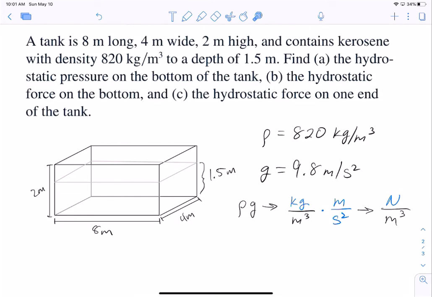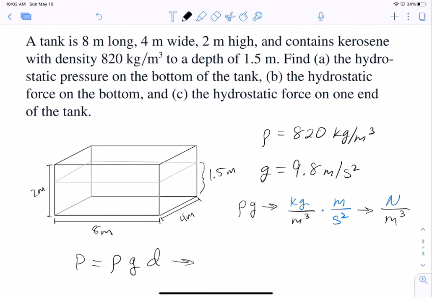Now this should make sense. Here we have a level of kerosene that's 1.5 meters, and it's creating some force, or pressure, on the bottom of the tank. If the depth of the kerosene were greater, then we would have an increased amount of pressure. What this is leading to is that pressure is rho times gravity times the depth that we're talking about.